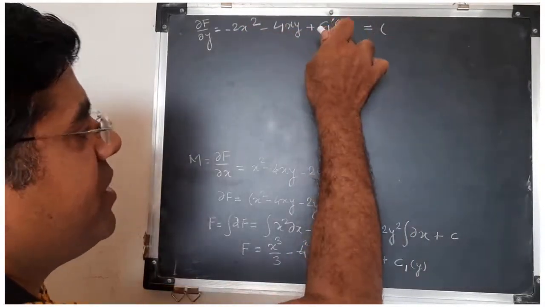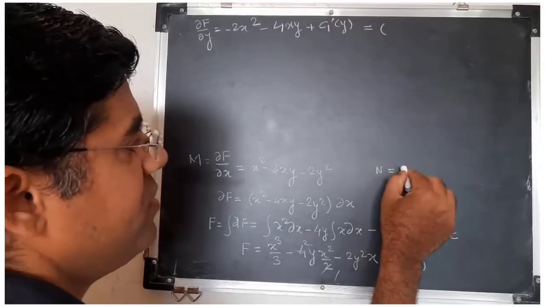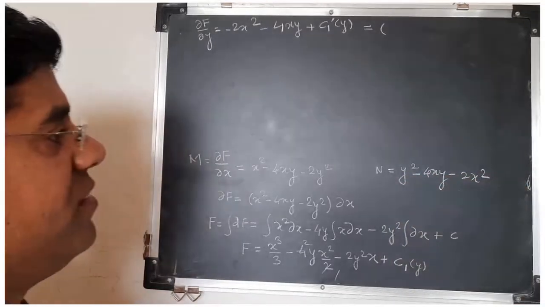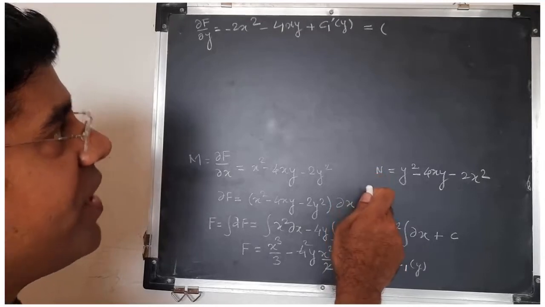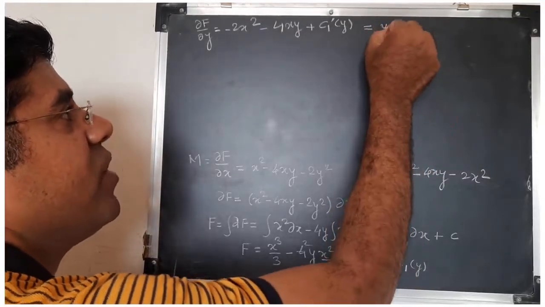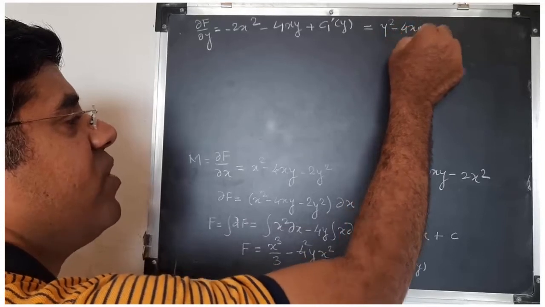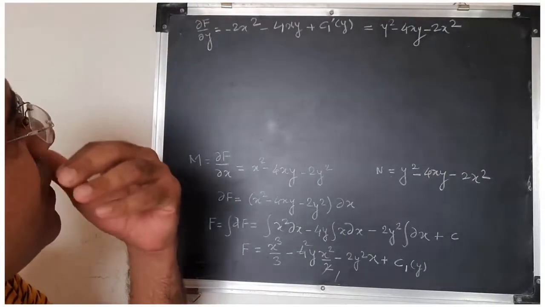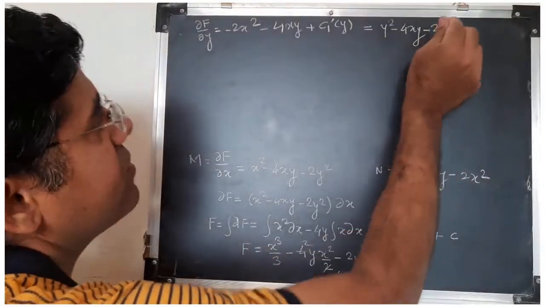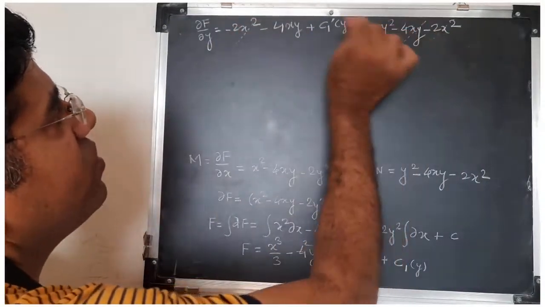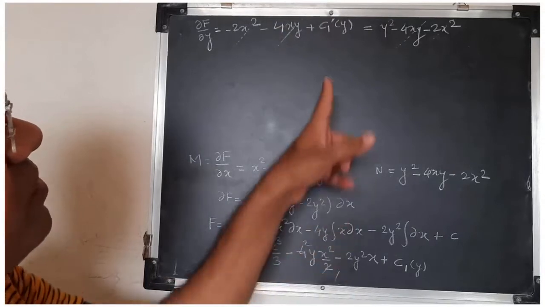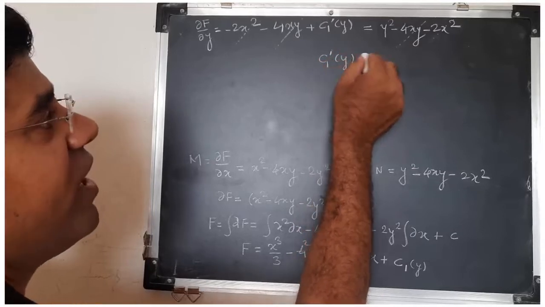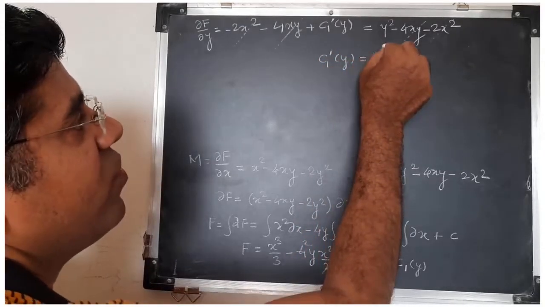That equation, if you remember, is N, which is y square minus 4xy minus 2x square, and this is also del f by del y. So I will put that over here, and the other terms cancel, and you get c1 dash, which is a function of y, equal to y square.